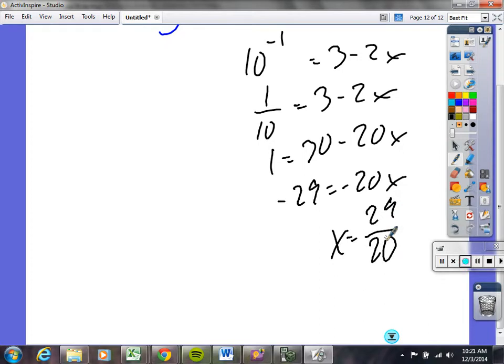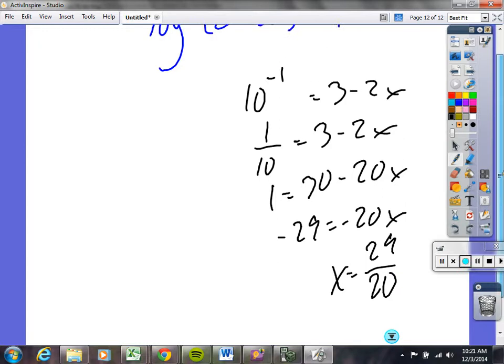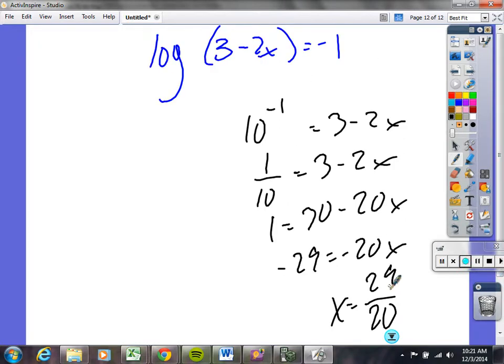Now, we have to be careful here on this one though. Just like remember last test how we had to check our solutions. With exponentials to logs, usually we don't have to check our solutions. But when we're going from logs to exponentials, we start making math work. So I have to plug this back in. What's 3 minus 29/20ths, or 2 times that?